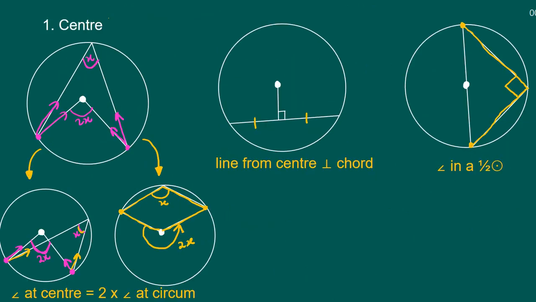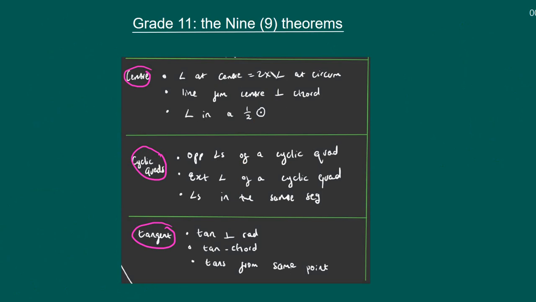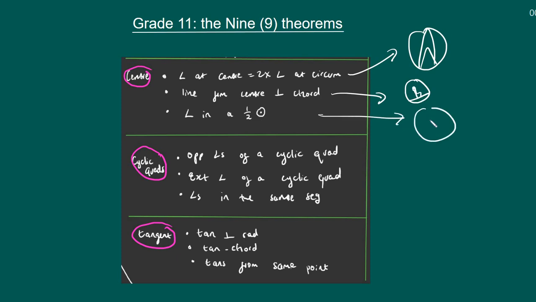All you have to remember for me is that the one for a center is 3 of them. Angle at the center is equal to 2 times at the circumference. Line from center perpendicular to chord. So you can even draw them to remind you, right? And then angle in the same segment, that will be this one here.